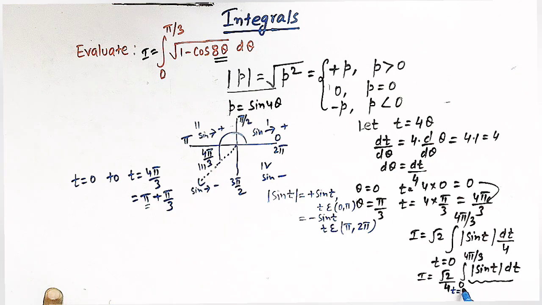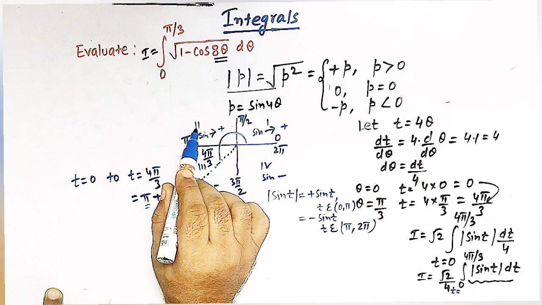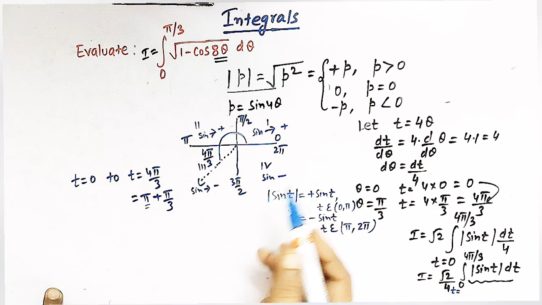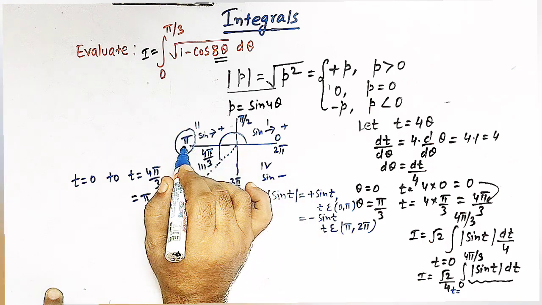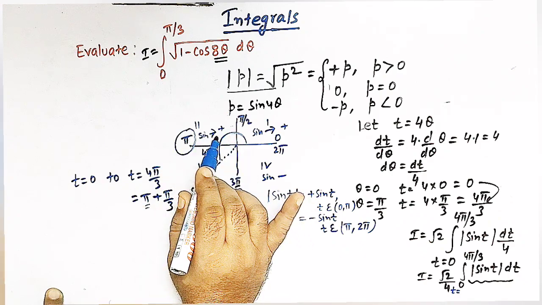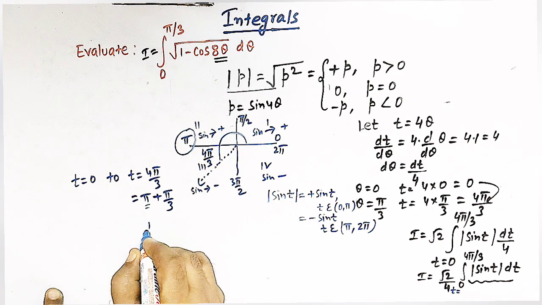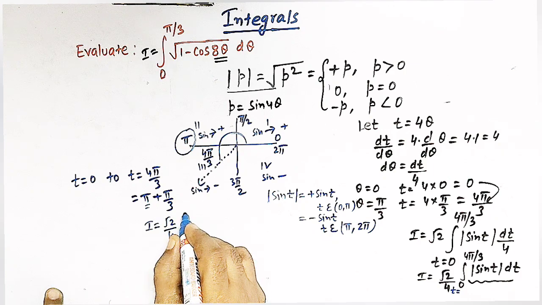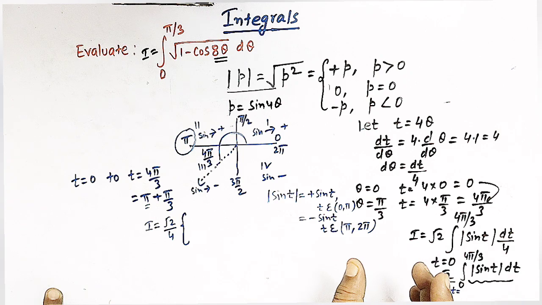So when we go from 0 to 4 pi by 3, it means in the first and second quadrant the sine function is positive, and in the third quadrant the sine function is negative. So we have to split the limit at this point pi, because here the sine function is changing sign from positive to negative, right? So now we can write this integral as square root of 2 over 4, and now we can express this integral as a sum of two integrals, right?